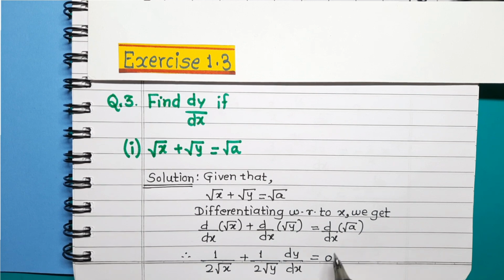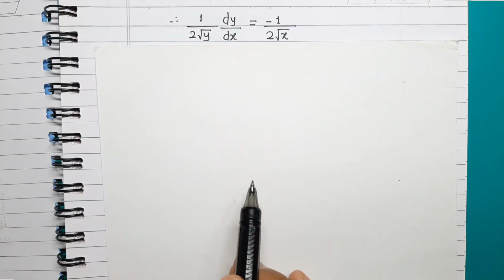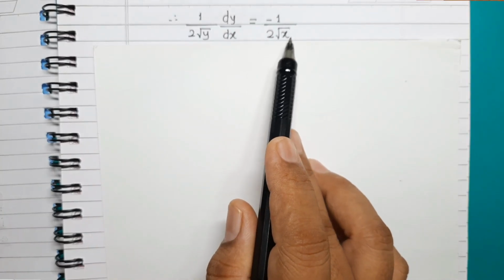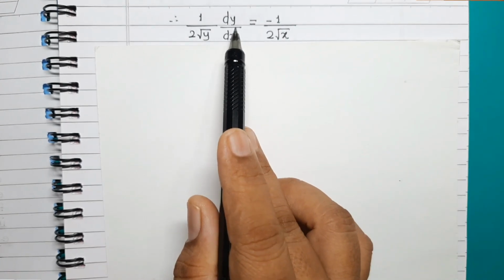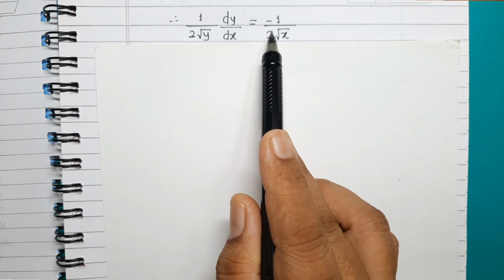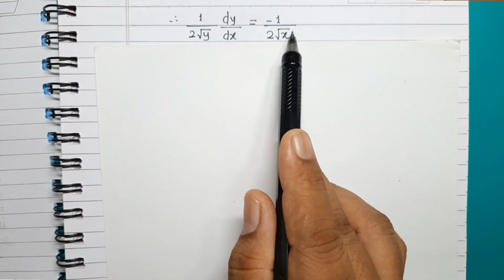Okay, and this root a is a constant, so its derivative is 0. Then shifting the term 1 upon 2 root x on RHS, we get 1 upon 2 root y dy by dx is equal to minus 1 upon 2 root x.